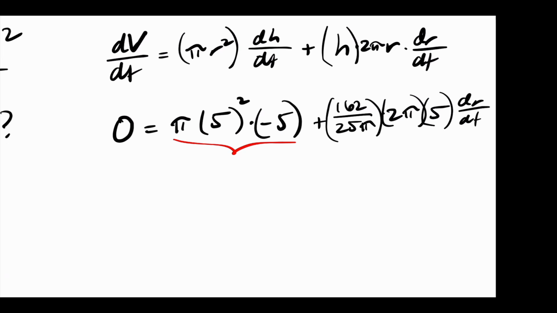Over here, I get 25 pi times negative 5, which is negative 125 pi. Over here, the pi's will cancel out because all of these guys are over 1. Pi, pi. And then the 25 will be a 5, and this will be a 1.